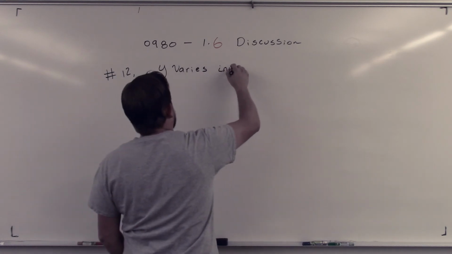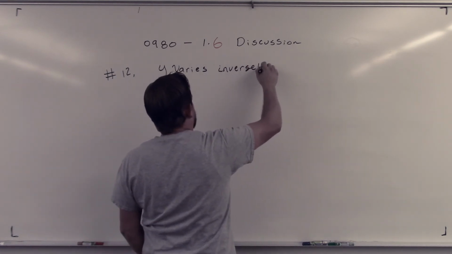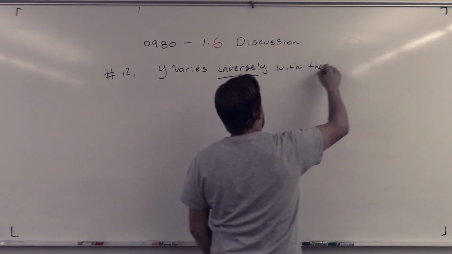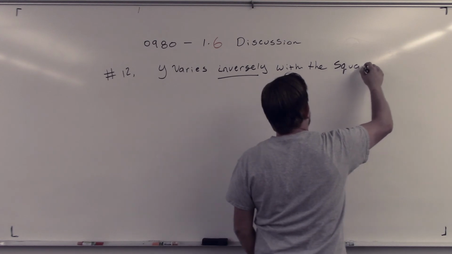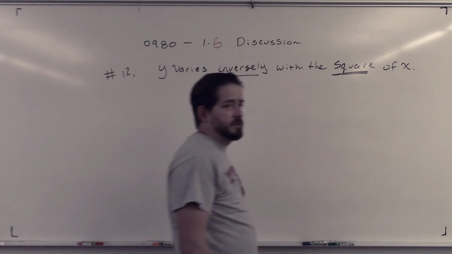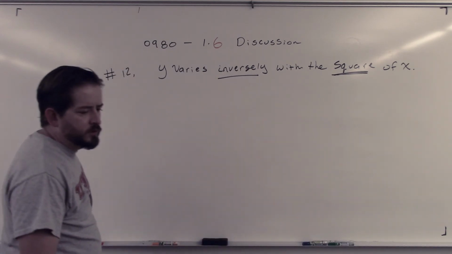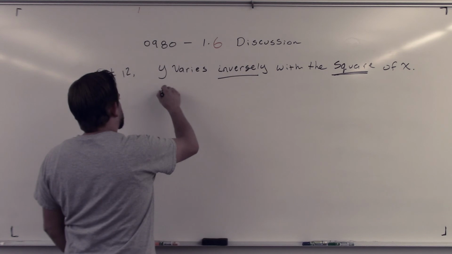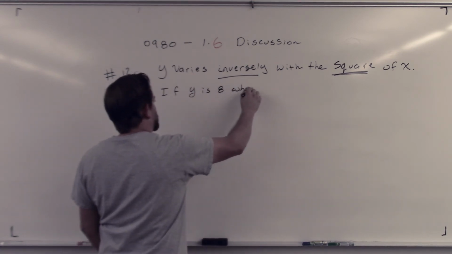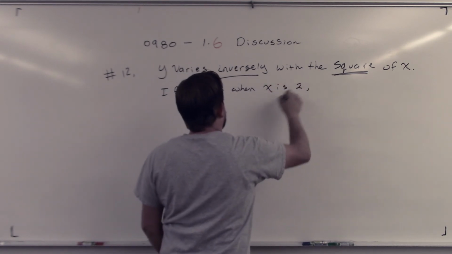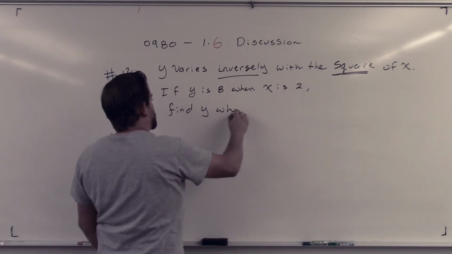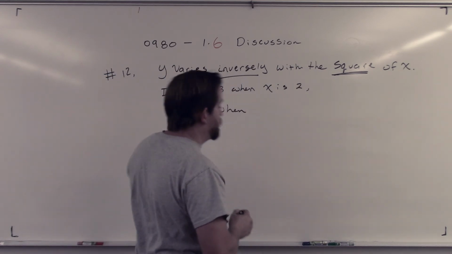So we've got this inverse relationship, but we've also got this that we haven't seen, the square of x. And then we're told if y is 8 when x is 2, then find y when x is 4.